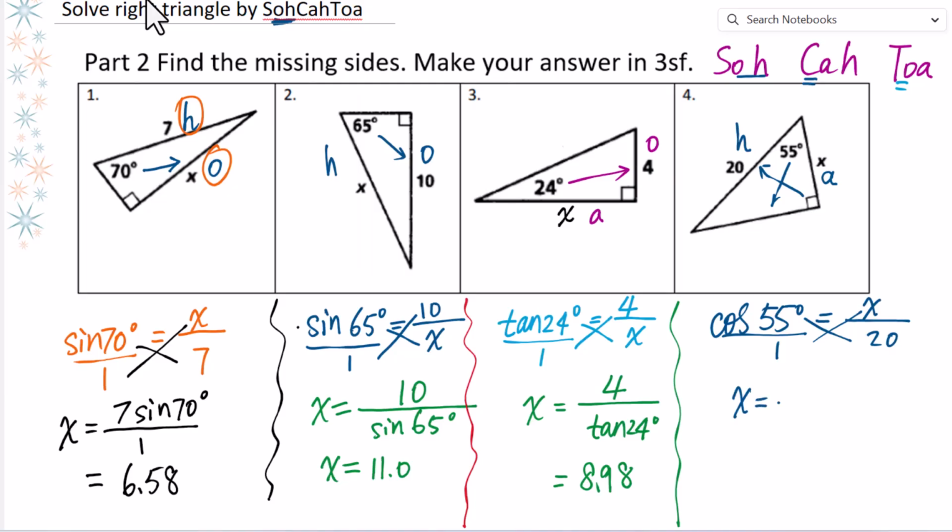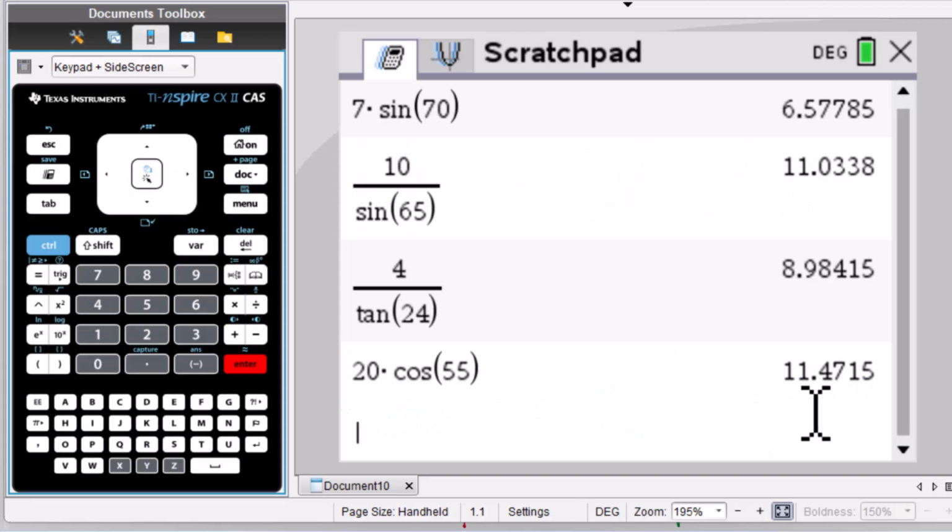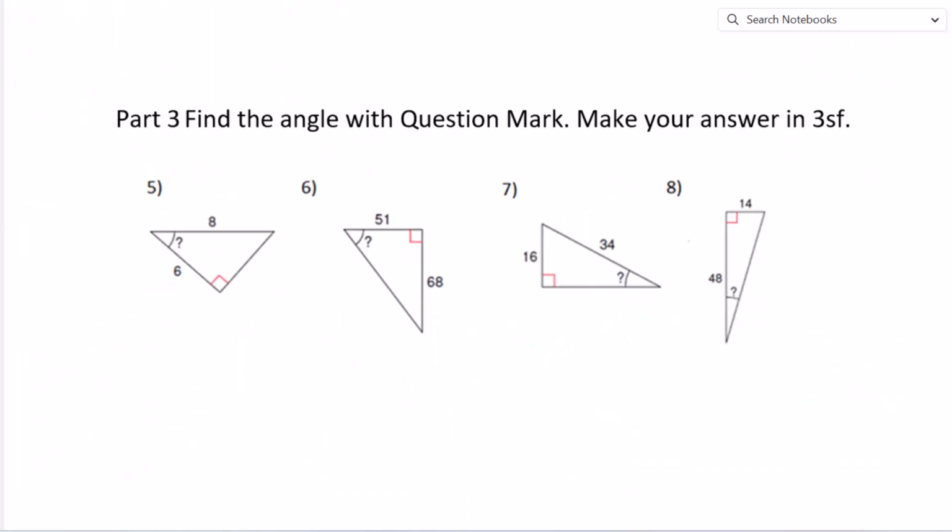X equals, denominator is 1, numerator 20 times cosine 55 degrees. Let's go to calculator. 11.5 is the solution. Let's go to part 3.